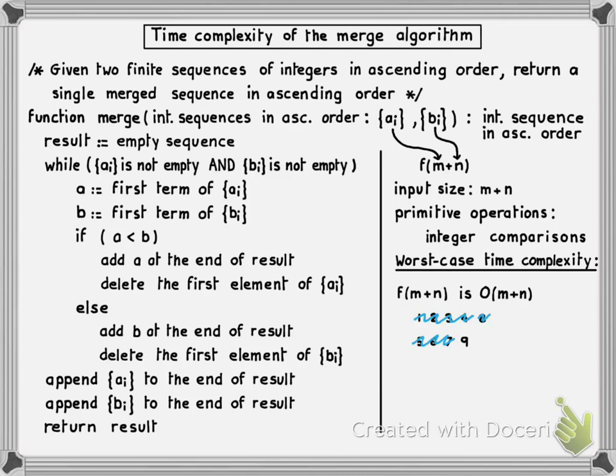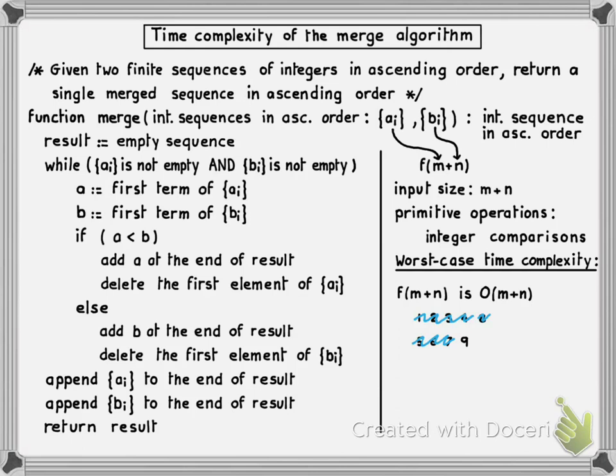And I'll let you think about whether it's possible for every value of m and n; here m was 5 and n was 4. But you should realize that for any value of m plus n, you can always build a pair of sequences like this one, where the total number of iterations of the while loop is m plus n minus 1.